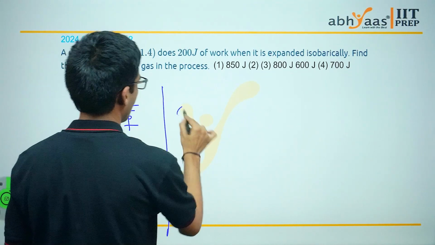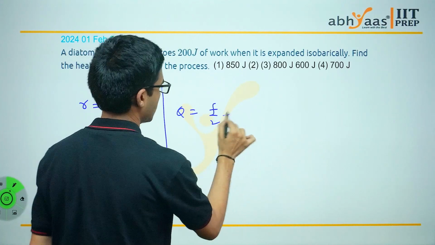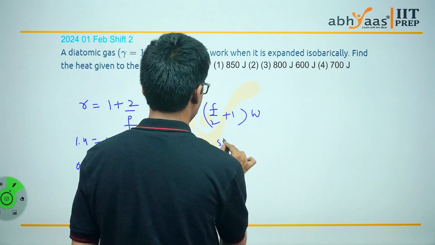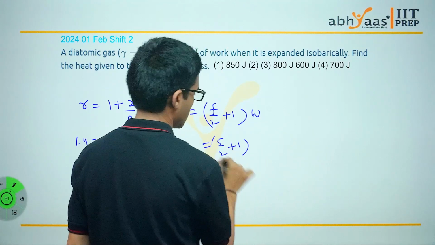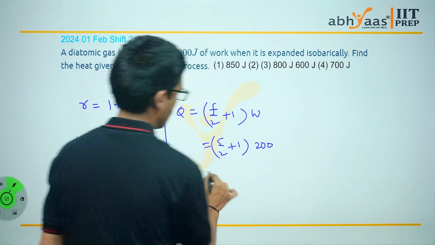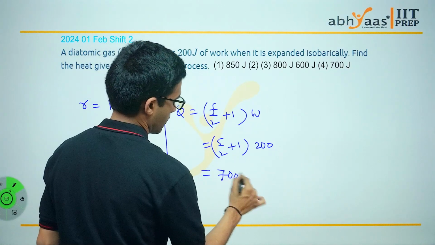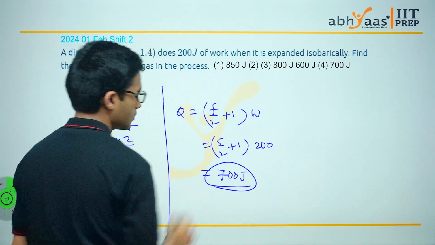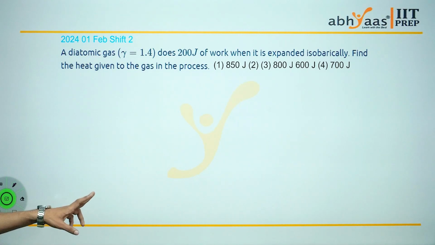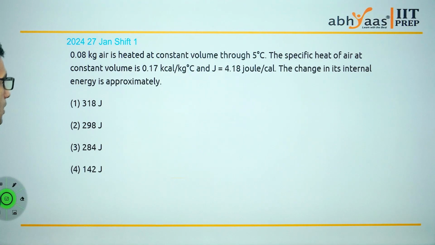Then heat equals (F by 2 plus 1) into work done. That is 5 by 2 plus 1, which is 7 by 2, into work done, which is 200 joules. If you calculate, you will get 700 joules. That is the answer. Most of the questions are related to work done and heat generated in different kinds of processes.